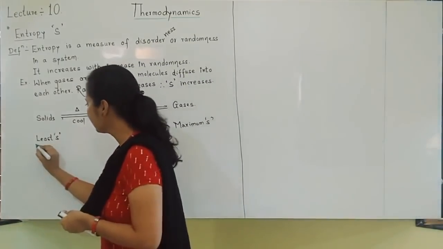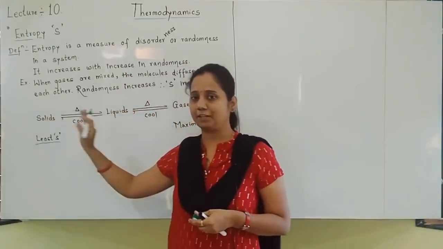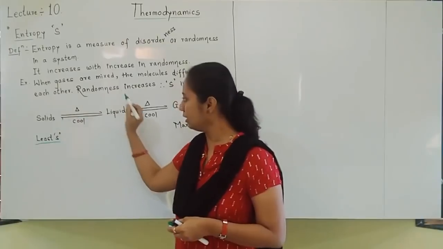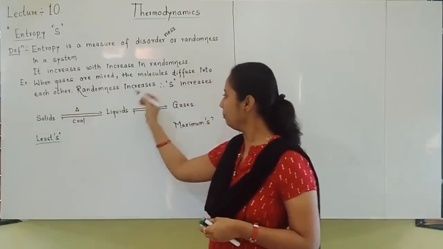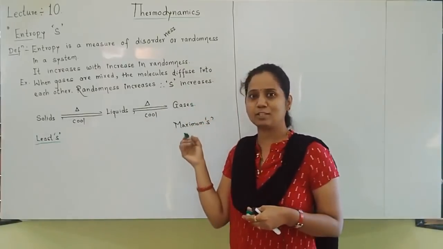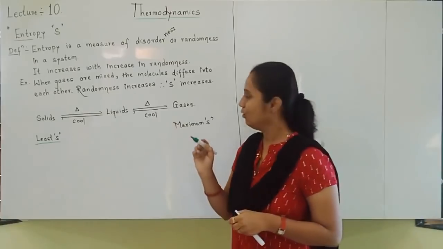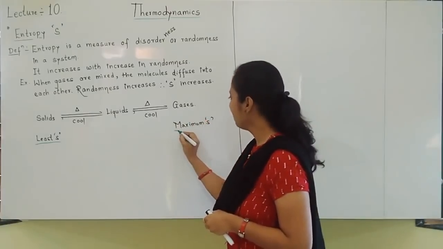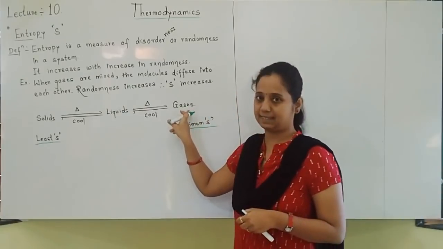From solids to liquids, liquids can move, so entropy increases. From liquids to gases, gas molecules are continuously moving, complete disorderness. So maximum entropy is seen in gases.